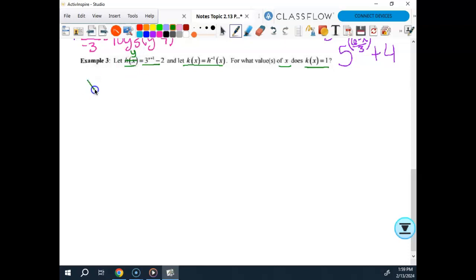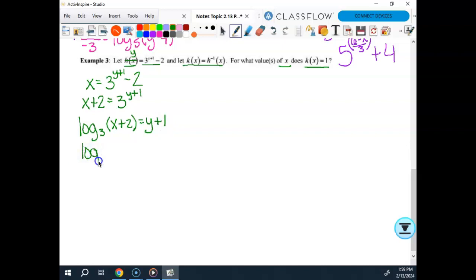We'll just do this together, so that gives me x equals 3 to the y plus 1 minus 2. All right, so then x plus 2 equals 3 to the y plus 1. Now what can I do here? Log. Good. So log base 3 of x plus 2 equals y plus 1.